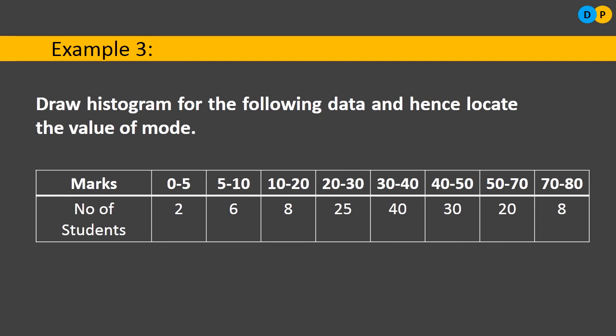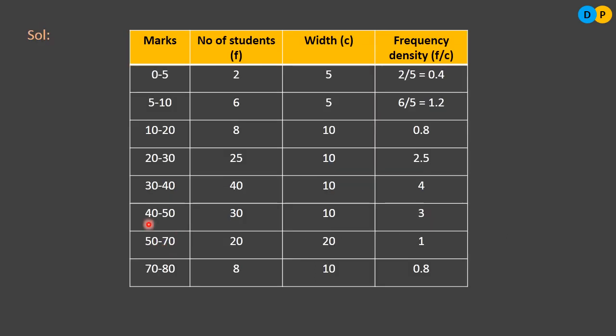So we need to construct a new table with another column called frequency density. Let us do that. Please notice, I have constructed a new table: marks and number of students, which were given earlier. But now I have added a new column, that is width, the class width of each class interval. So 5 minus 0 is 5, 10 minus 5 is 5, 20 minus 10 is 10.